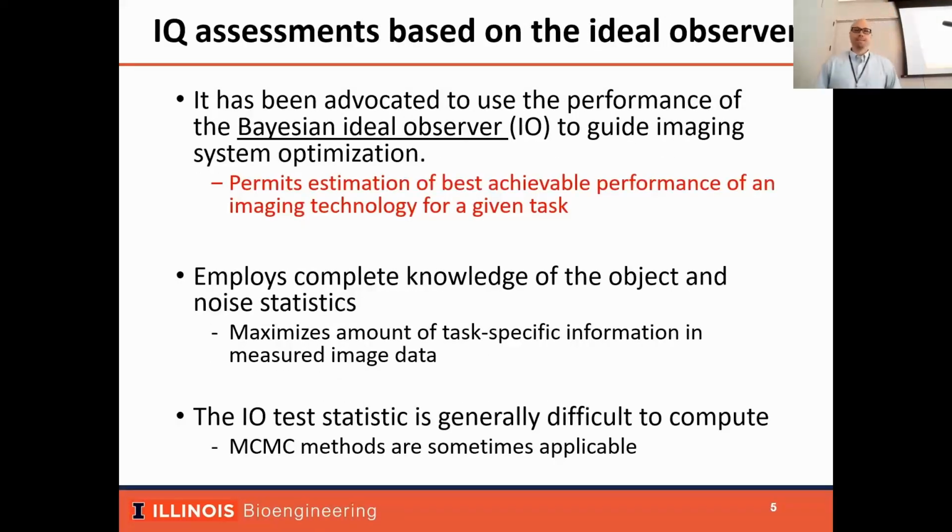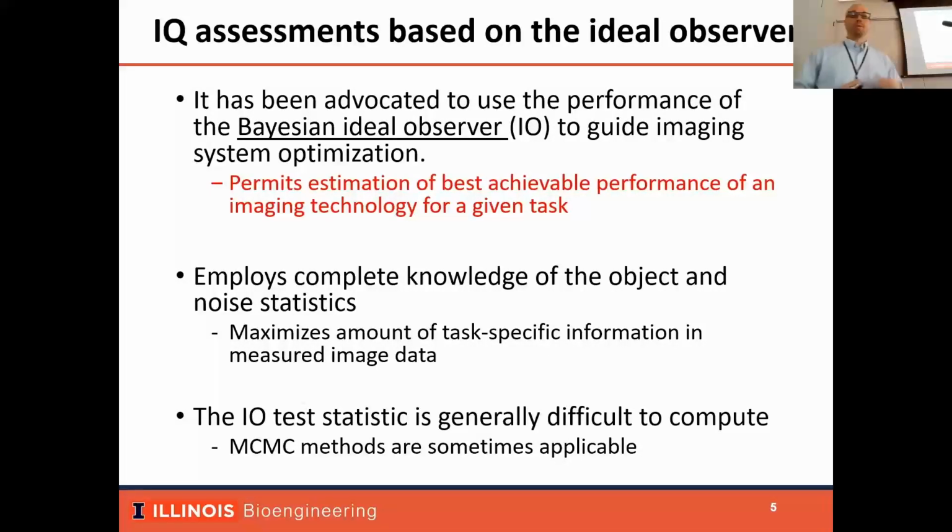Let me talk a little bit about the ideal observer, because I'm actually going to be using this in my first case study. In the field of medical imaging, for the past 20, 25 years, the ideal observer has been advocated for optimizing imaging hardware and data acquisition designs. The ideal Bayesian observer is a numerical observer or a model observer that achieves the best theoretical performance on signal detection tasks, for example.